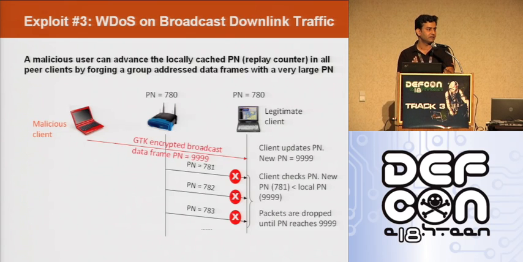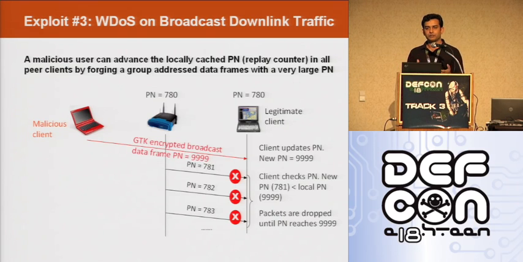All Wi-Fi client devices who have successfully received the attacker-injected high packet number will start dropping all the broadcast packets coming from the access point, which means the protocols which work on broadcast packets will not work, right? Two clients will not be able to communicate with each other because they will not be able to resolve ARP.